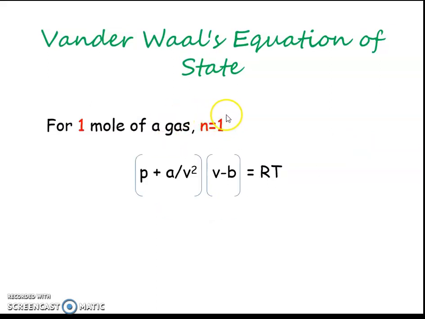If we are taking 1 mole, that is n is equal to 1, the equation becomes (P plus a by V square) into (V minus b) equal to RT. So, students, study the equations well for both n moles of the system and 1 mole.